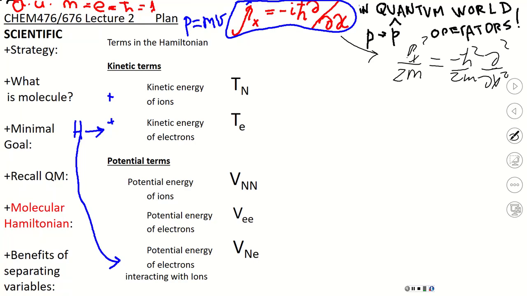Because kinetic energy is momentum squared, from the first derivative we get the second derivative. So we just literally plug that in for the momentum into kinetic energy. For now we can skip this little translation from classical to quantum because it is obvious.